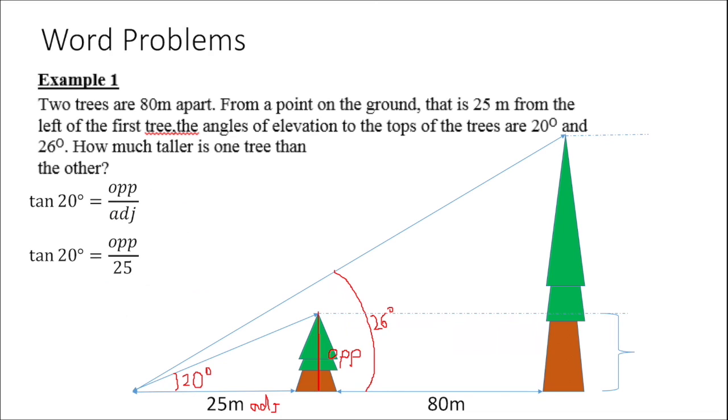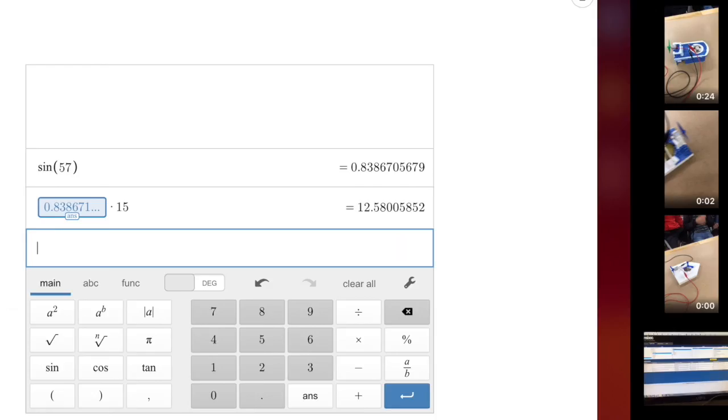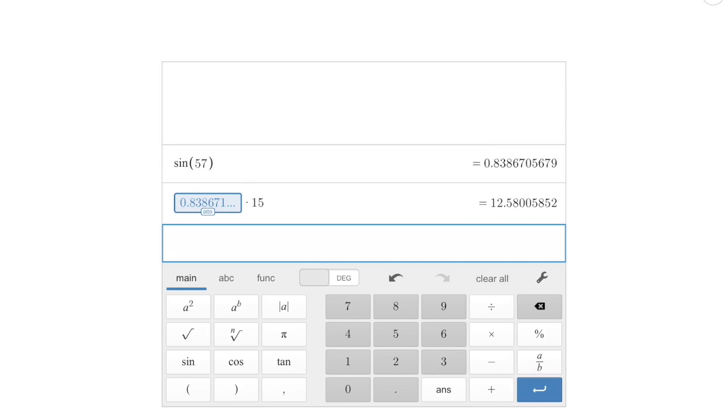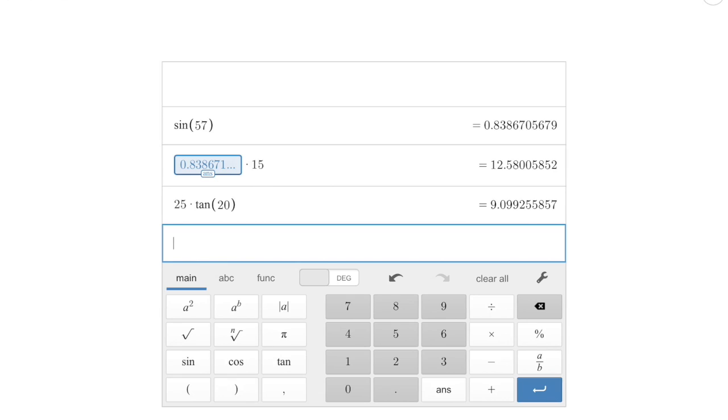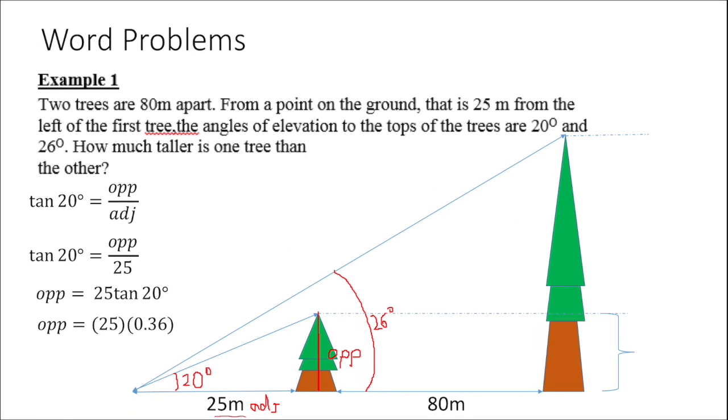So opposite over 25. My adjacent is 25. And tan of 20, we can just put that into the calculator. 25 times tan of 20 is equal to 9.09, which is about 9.